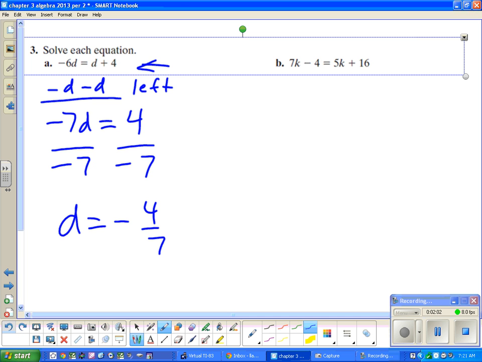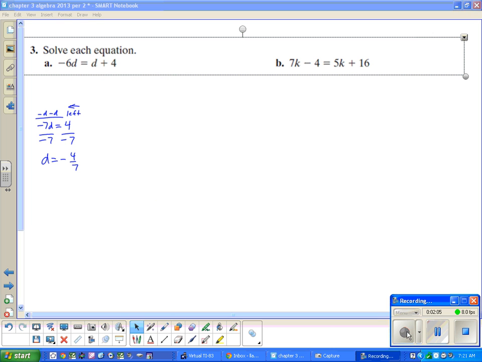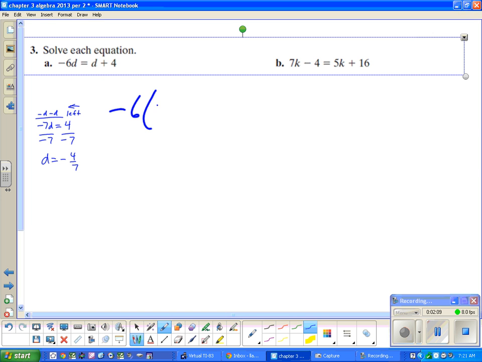Now that's an answer, so we can check it. So I'm going to do a check on this, and I'm going to do -6 times -4/7. Is that equal to -4/7 plus 4? And this looks like a tough check here, but let's see what happens.